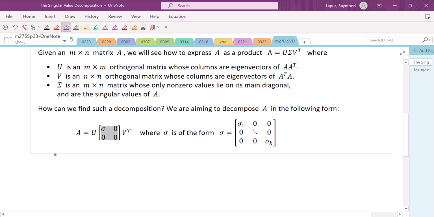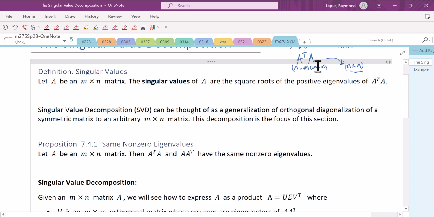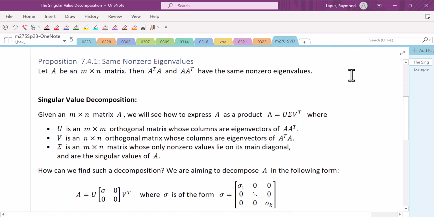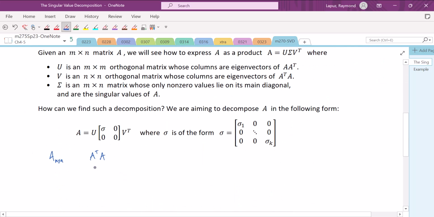That might sound a little confusing, but let's see how this goes. Again, A is an M by N matrix. If we take a look at A transpose A, we ended up getting an N by N matrix. We saw that earlier.